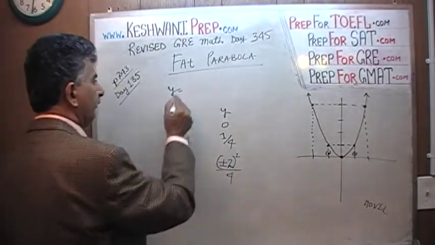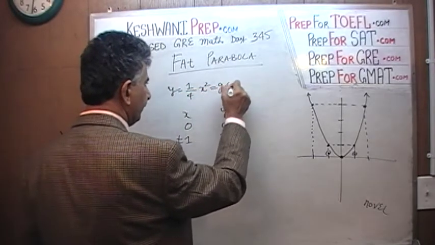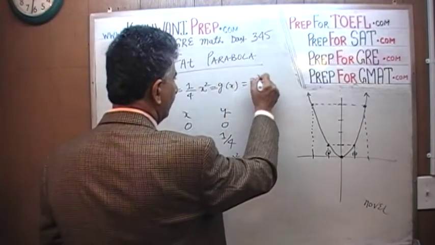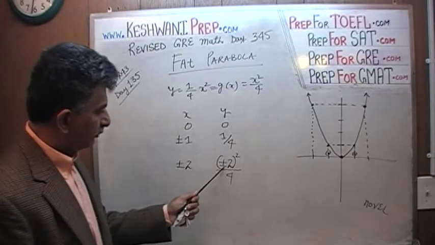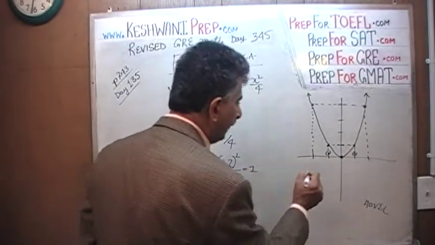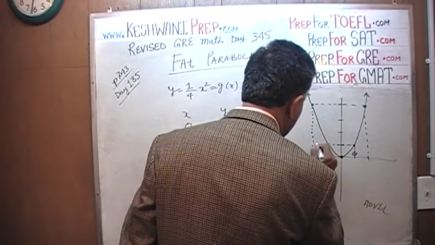Our y now is 1/4 times x squared, which is our g of x, and 1/4 x squared is the same as x squared over 4. So we take this quantity and divide by 4. 2 squared is 4, 4 divided by 4 is 1. Now when x is equal to positive or negative 2, y is simply 1.